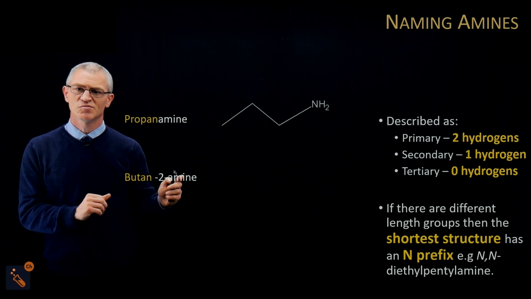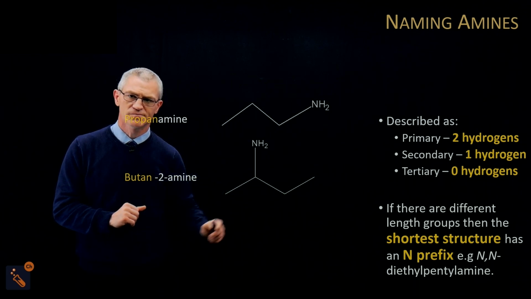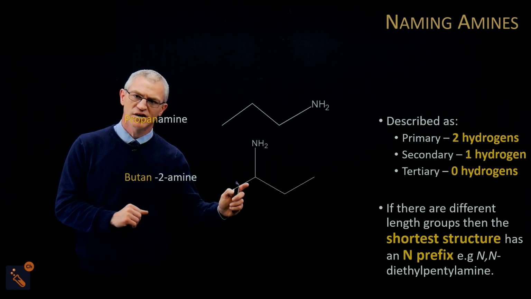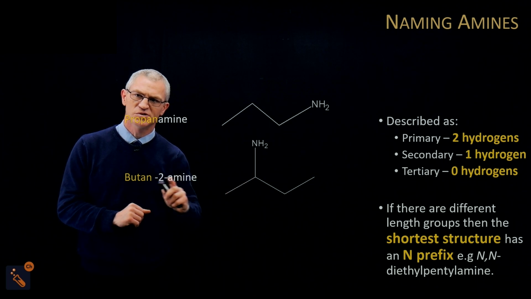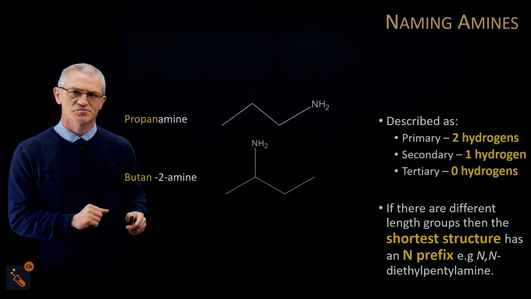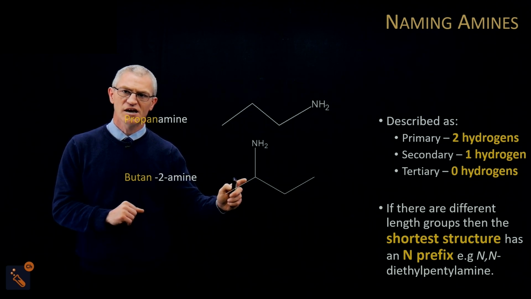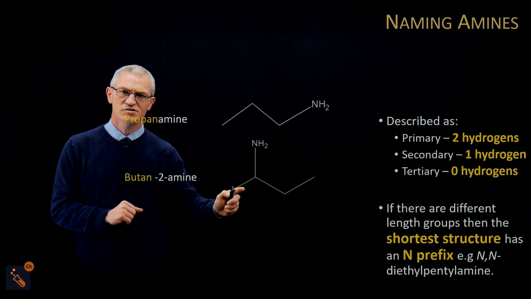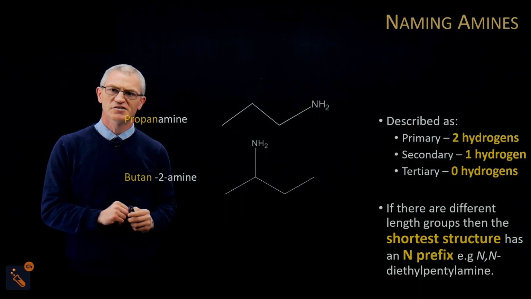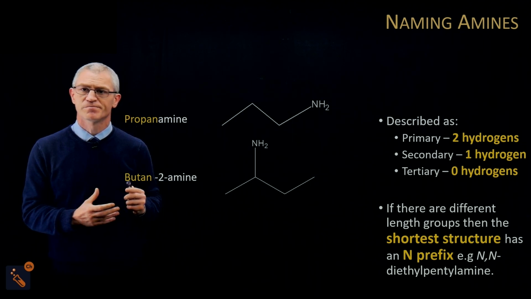So again, this butan means we have a chain of 4 in length, 1, 2, 3, 4. Okay, and we also have an NH2 coming off position number 2, because it says 2-amine. And if that is the case, we then again look at the nitrogen on here, and we describe that as a primary amine again, because it has 2 hydrogens on it.